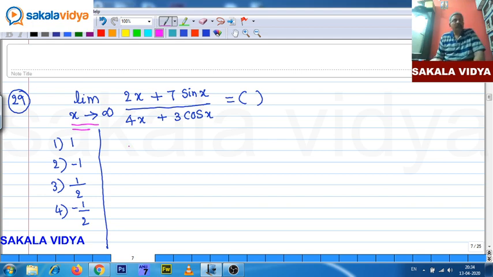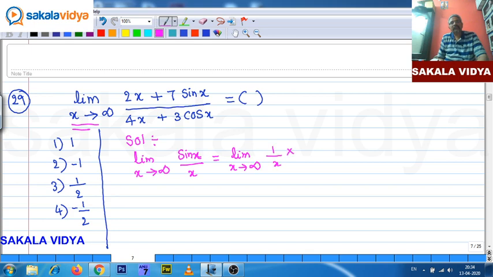So now let us solve it. Here see, first limit x approaches to infinity, sin x by x. Let us have a discussion here. This can be written as 1 by x multiplied by sin x. Always sin x and cos x are called oscillating functions. What do we call oscillating functions?